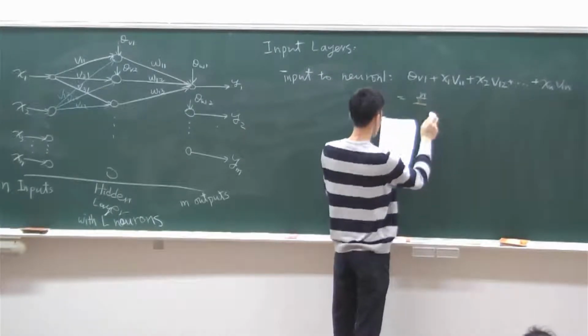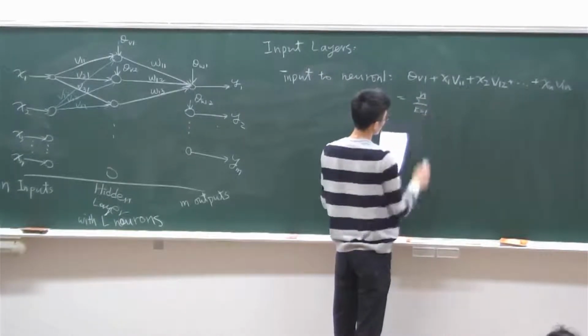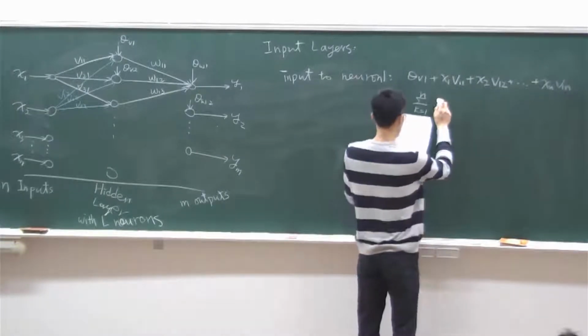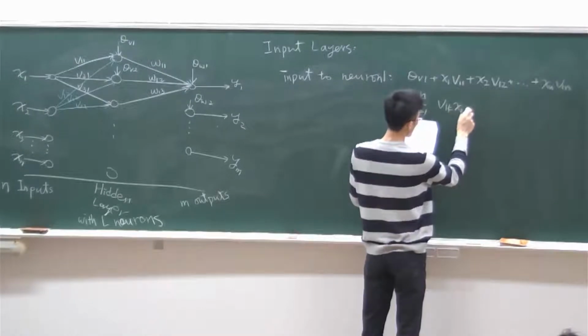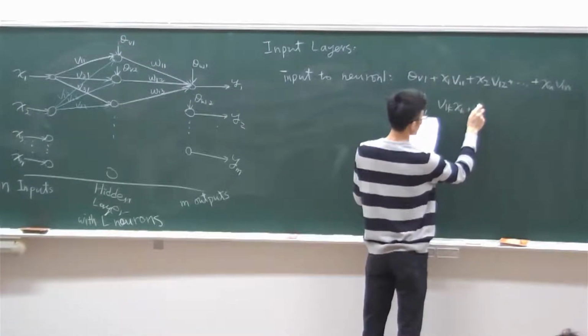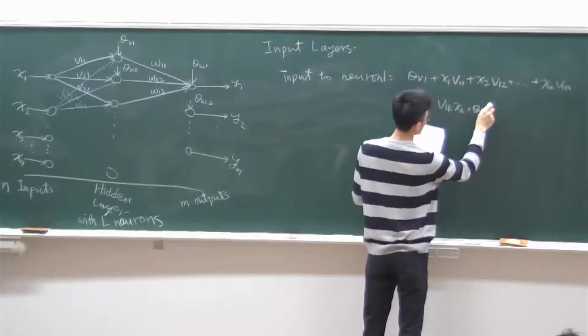This can be represented as a summation over the variable k from 1 to n of v1k xk, plus theta v1.